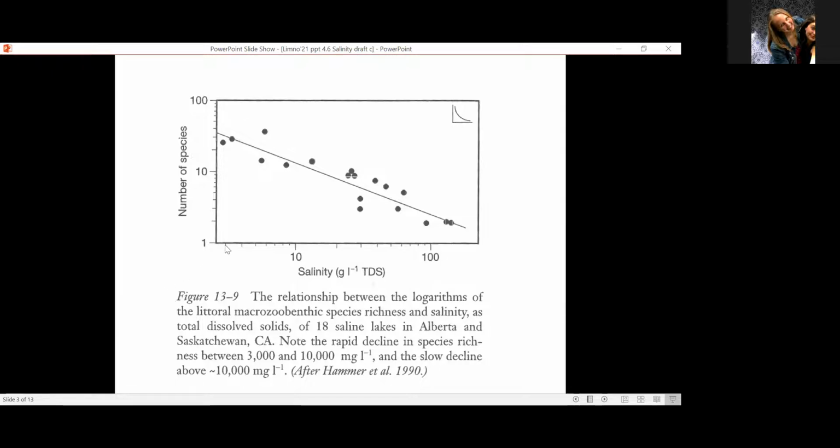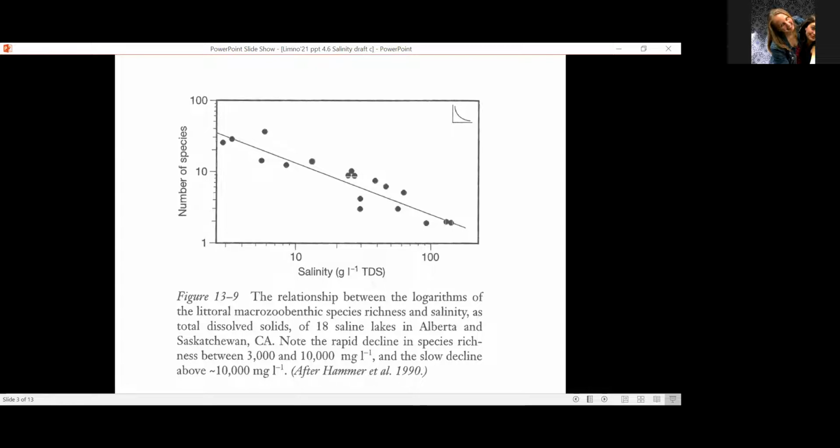So here we have 1, 2, 3. So in between here and like here, it drops from like 20 to 10 species. So big drop off. Then you get down here and, because it's logarithmic, this is gentler than you can picture. So shaped like that. Okay, anyway.